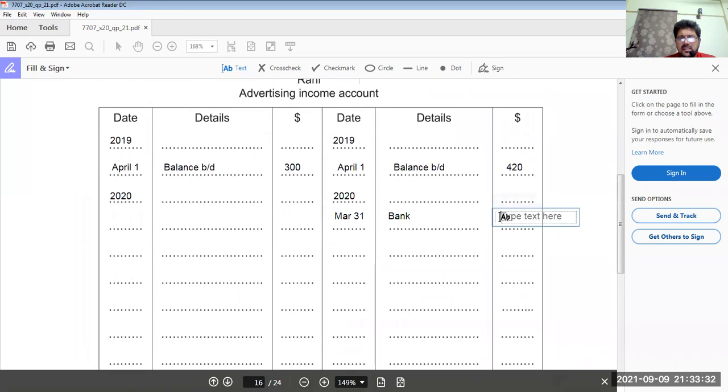She received 6,000. And on the same date, she decided to write off this 300. So we will put it in bad debts or irrecoverable debts. Done. And we'll put 300 here.